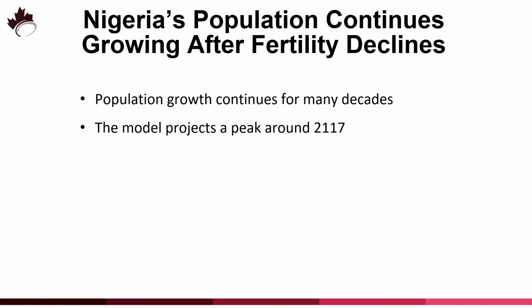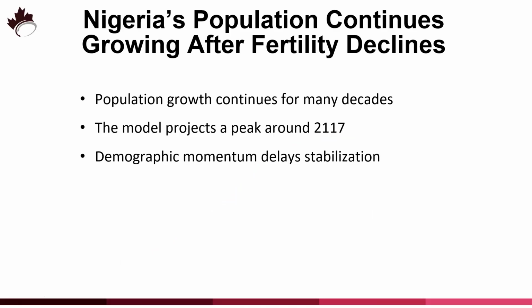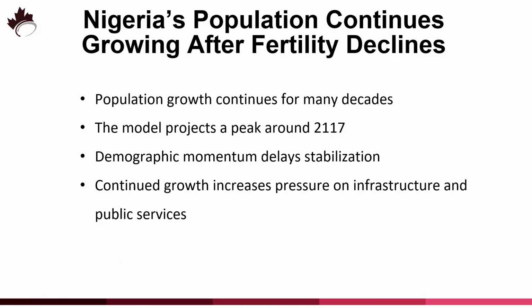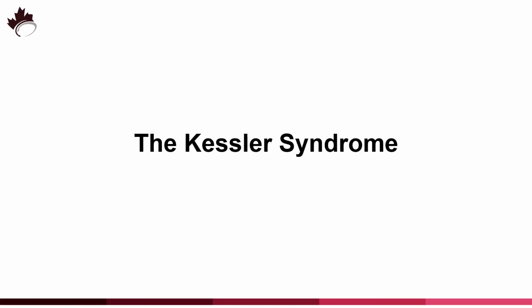The population model projects a peak around 2117. The demographic momentum delays stabilization, and continued growth increases pressure on infrastructure and public services. This is a projection. It's a scenario, not a forecast. I just want to make that clear. So now I'm going to get into something that may be more interesting for you in space leadership.